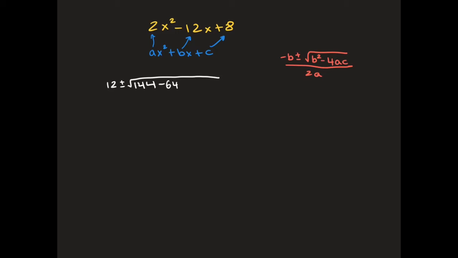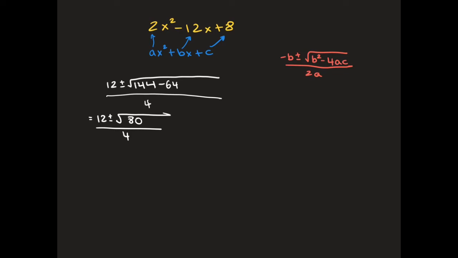And once you get negative 64, the last part of the equation is 2 times a, and a is 2, so 2 times 2 is 4. Now this becomes 12 plus or minus the square root of 144 minus 64, which is 80, divided by 4.